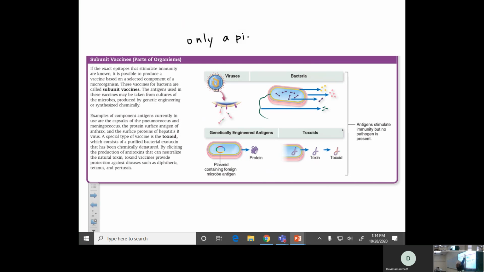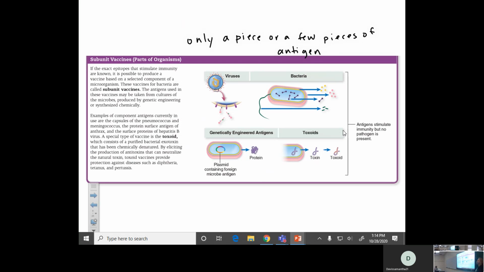only a piece or a few pieces of antigen. For example, purified spike protein, or you take certain enzymes or certain structural proteins from bacteria, not the whole thing.